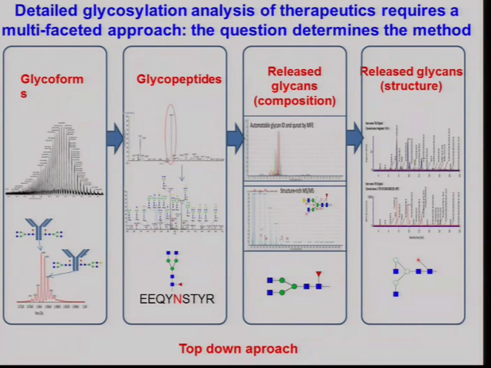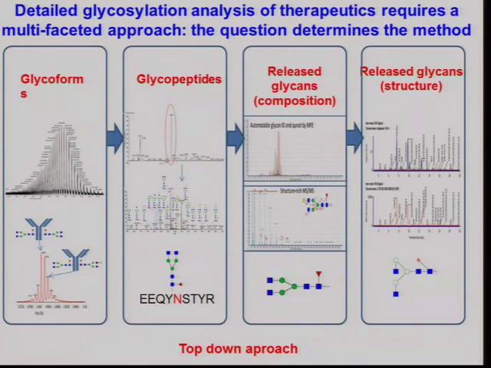So if you do a Fab fragment or something, it's much easier. But for many glycoproteins you can't really use this technology, either because the molecules are too big or because, like for erythropoietin, the complexity of the profile is so huge that you can't really hope to interpret it just with a 1D analytical method.